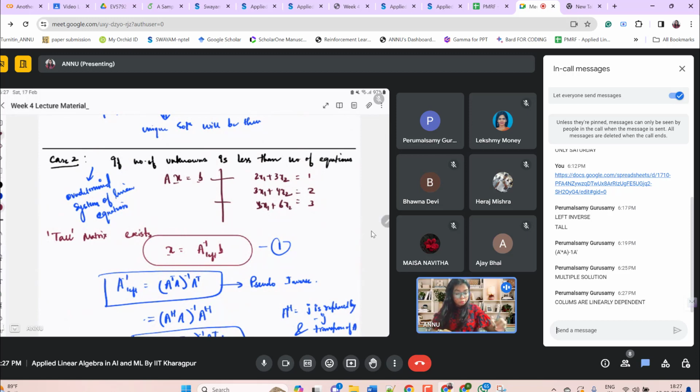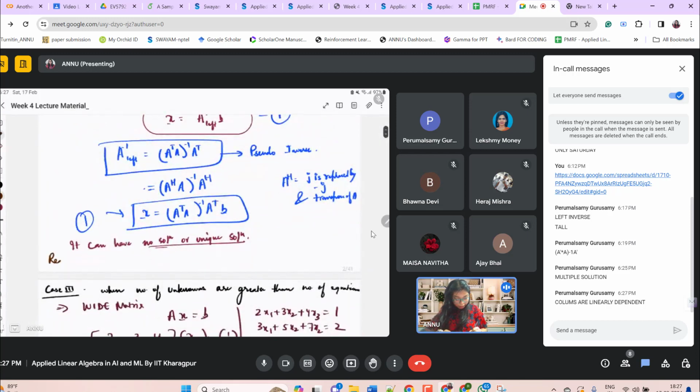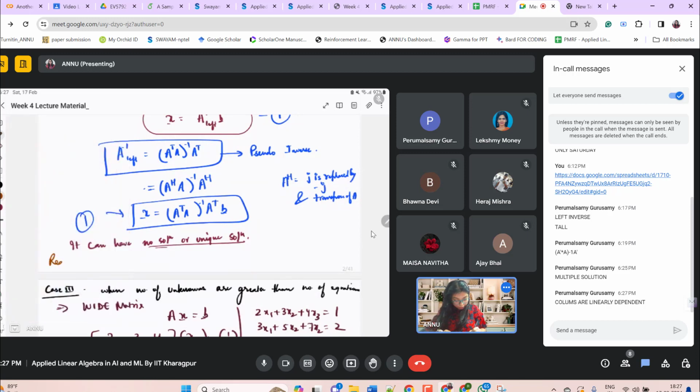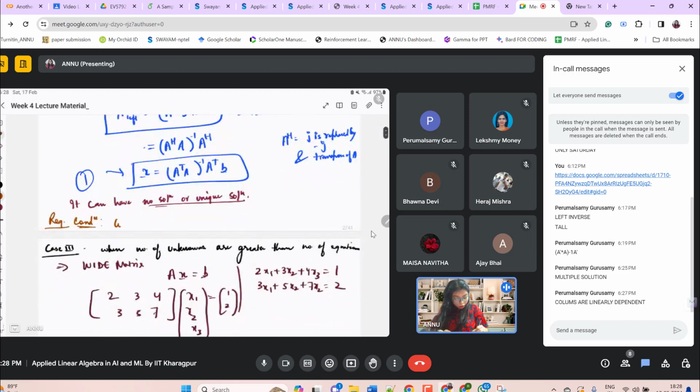So for case 2, the required condition is this, and it is very important: the columns of matrix A should be linearly independent.